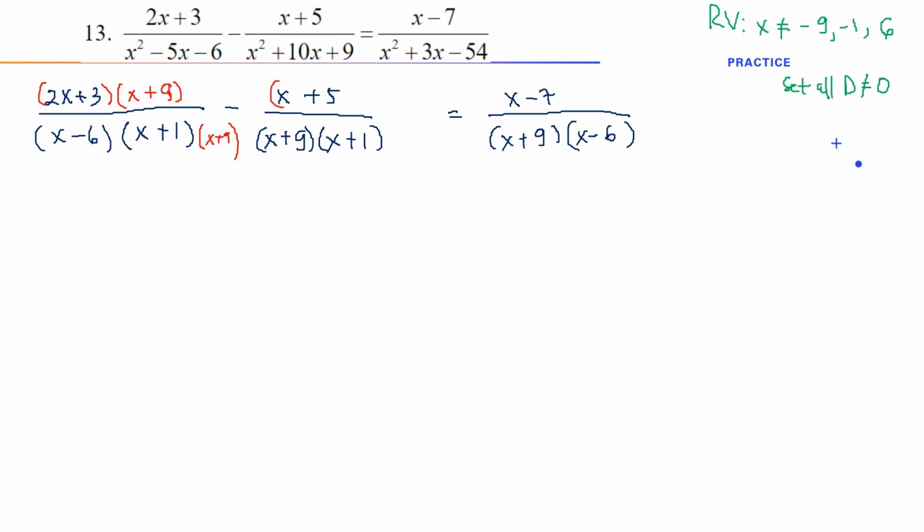Okay, on the second term, we have lack x minus 6. The last one, lacking x plus 1. Alright, now we just rewrite one more time.